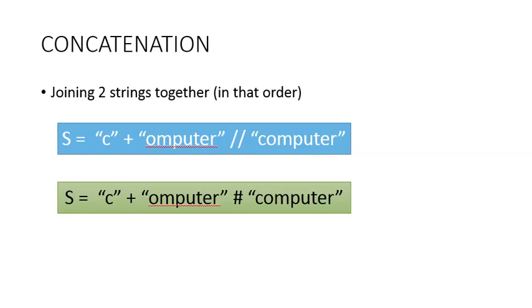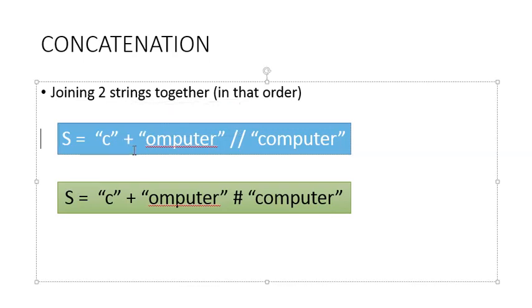Right, the next concept is that of concatenation, which simply means joining two, or in fact more, strings together. And the operator that is used is the plus operator. And yes, effectively we are adding those two strings together. We're combining them, and they combine in the order in which you concatenate them.